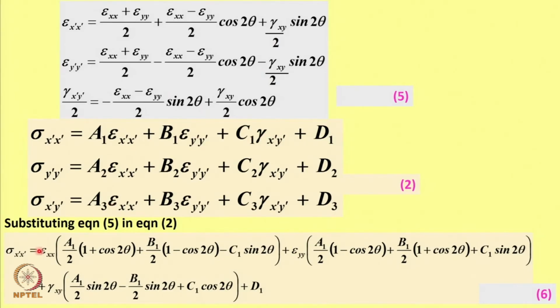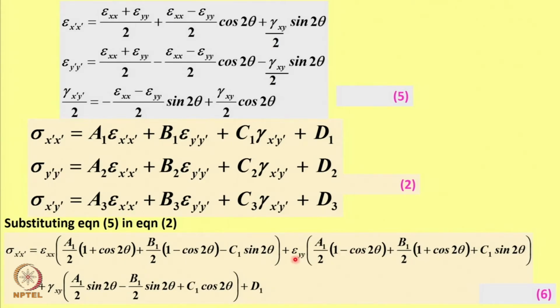When I do that and group it, what I get is epsilon xx into a1 by 2 into 1 plus cos 2 theta, b1 by 2 into 1 minus cos 2 theta and minus c1 into sin 2 theta.